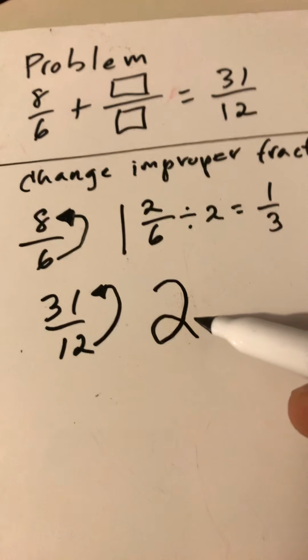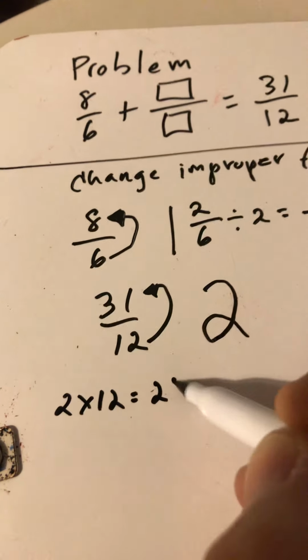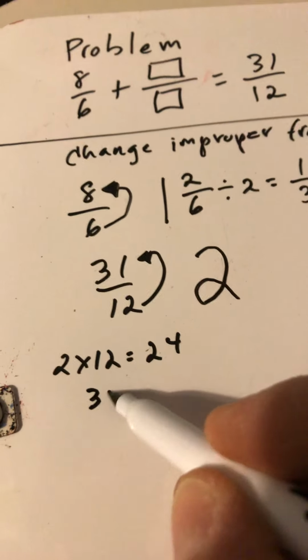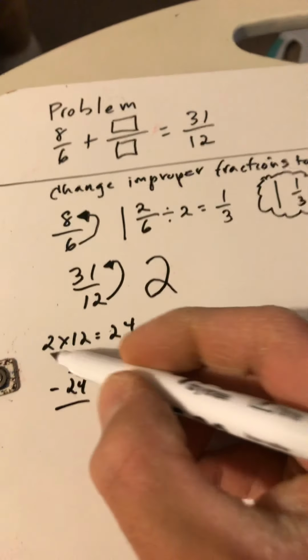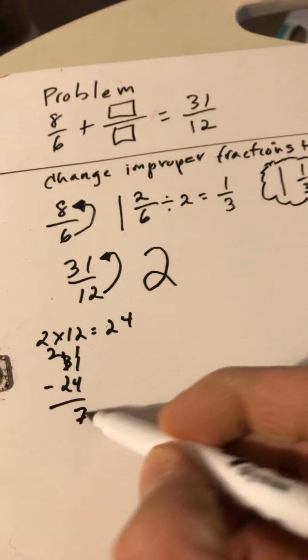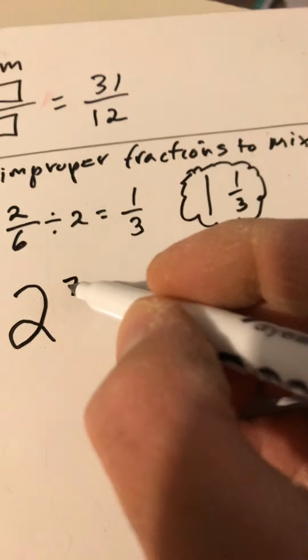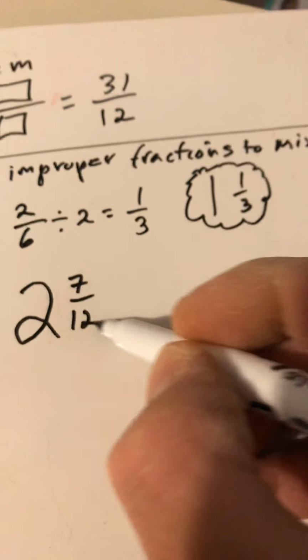So then I got to do some math because I know 2 times 12 is 24, but then I got 31 here, so how many are left over? 31 minus 24, I'm going to borrow here, and this is 7. So there's 7 left over, so that means my numerator is going to be a 7, and my denominator is going to match my old denominator, which is a 12.